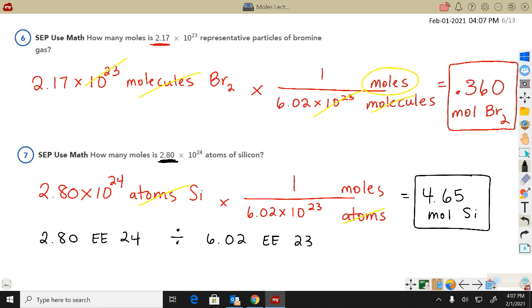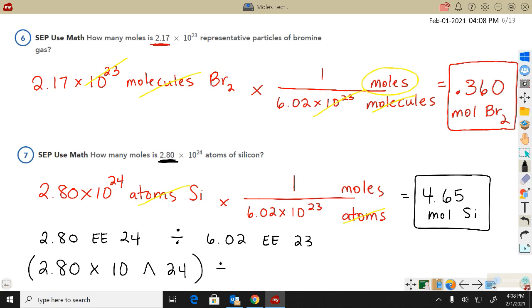Okay, now here's option 2. Option 2 is for that caret key. Those of you who are in love with the caret key. If you're using the caret key, it's totally fine, but then you need to put these quantities in parentheses. So you can go parentheses 2.80 times 10. Then you can hit the caret key 24, but you must put it in parentheses so that your calculator knows that you mean for this to be one quantity.